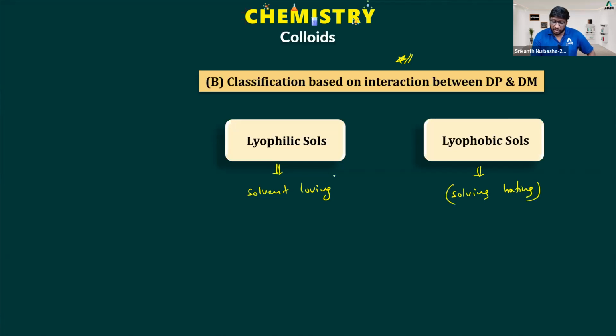That means the dispersion medium and dispersed phase, if they develop good interaction, if there is an affinity or attraction between them, then we can say that is a lyophilic sol. If they do not have any affinity, then we can call that a lyophobic sol.